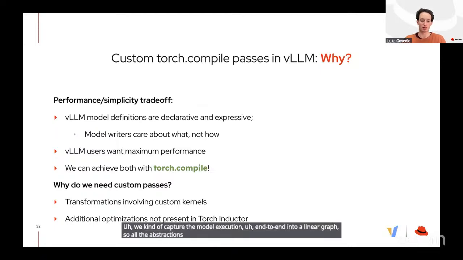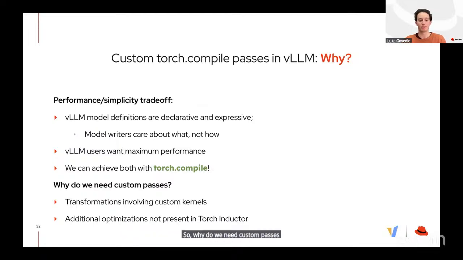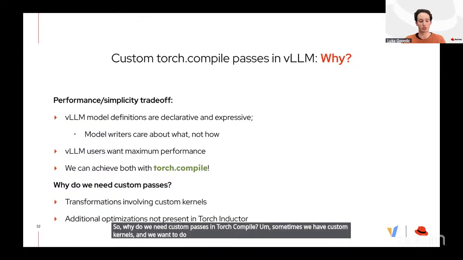So we can use any abstractions that we want to make things simple. And in the end we still get a linear graph where things going across abstractions can still be optimized and get better performance. So why do we need custom passes in Torch Compile? Sometimes we have custom kernels and we want to do graph transformations on them. And then sometimes we want to do additional optimizations that are not yet present in Torch Inductor.